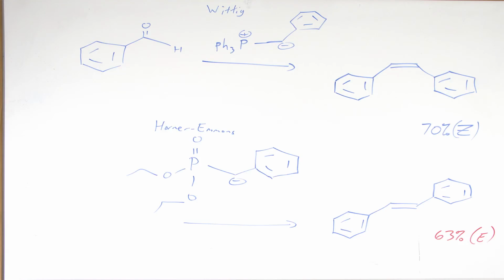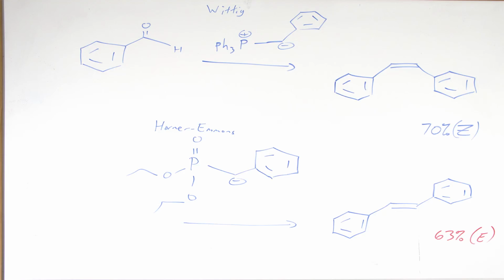So we're still going to have the same type of nucleophile, only our phosphorus structure is going to be very different. The Wittig tends to favor the Z alkenes.